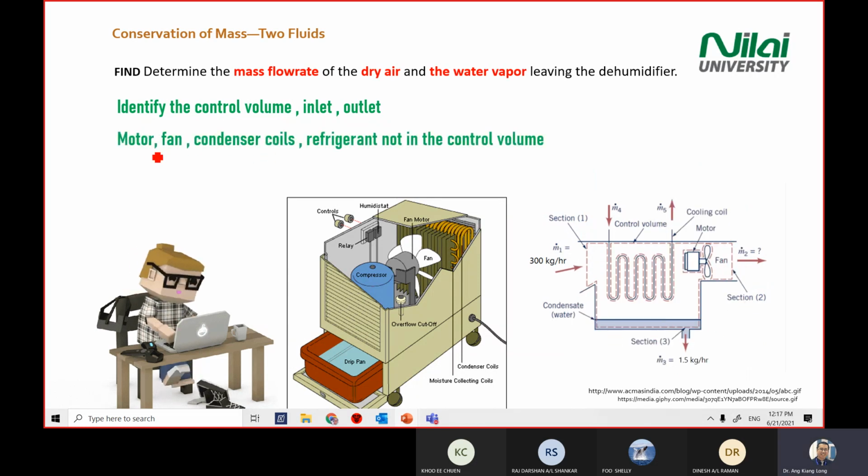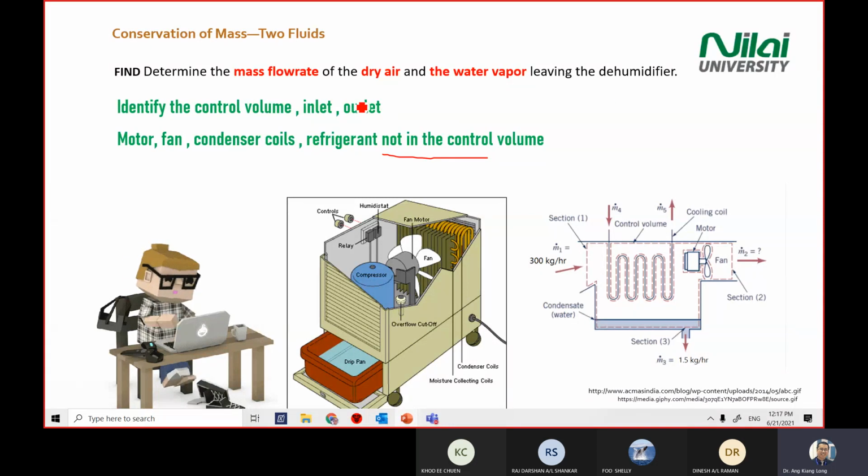in our case, the motor, the fan, the accessories, the coil, and the refrigerants are not included in the control volume. In our case, we do not consider what is happening in the motor, fan, and all this. So as you can see here, when it comes to the second statement, you need to follow the shape of all the machine.